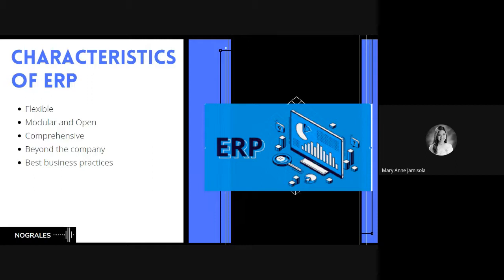It is also comprehensive because it supports various organizational functions and is suitable for a wide range of business organizations. It is beyond the company. It is not confined to organizational boundaries. Rather, it is extended to the external business entities connected to the organization with online connectivity.